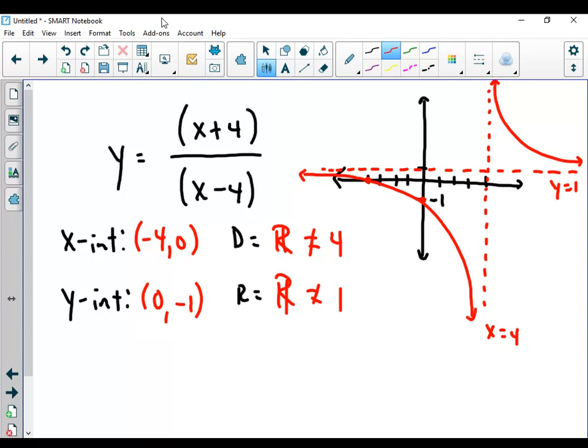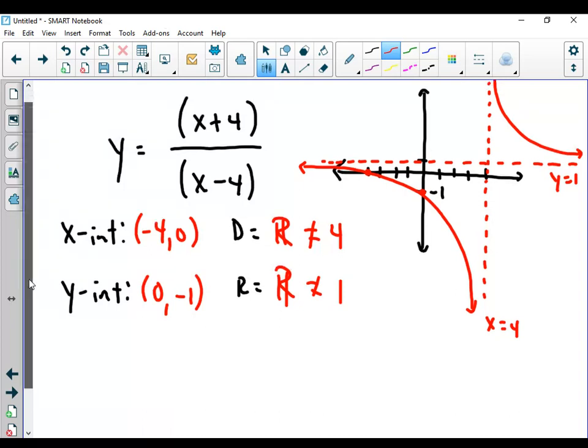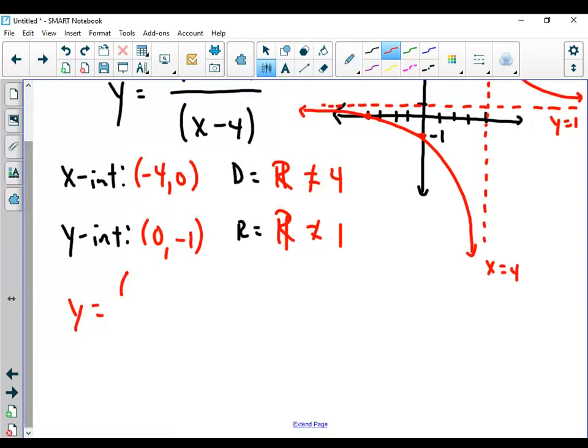What about that last question, though? I asked you to try to rewrite the equation. We're going to create a graph that would have a hole in it instead of having these asymptotes in there. So we had this pop up the other day. How can we create that situation, Zach? Our group, we did y is equal to, well, parentheses, x plus 4 divided by parentheses, x plus 4.